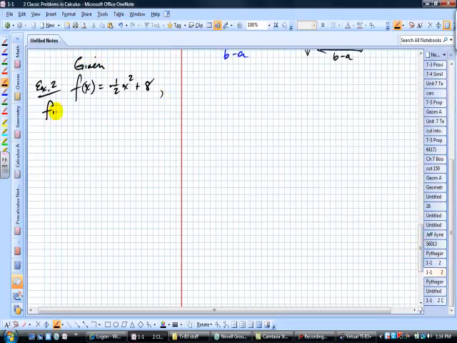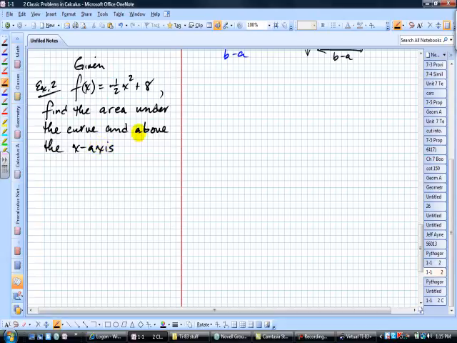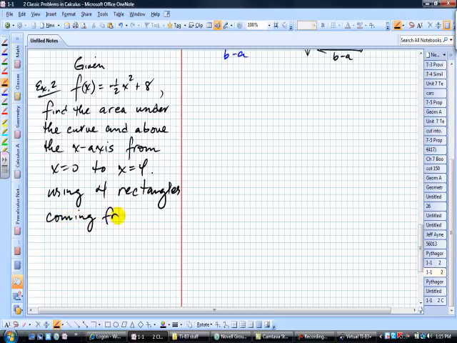Given that function, find the area under the curve and above the x-axis, from x equals 0 to x equals 4, using 4 rectangles, coming from the left.